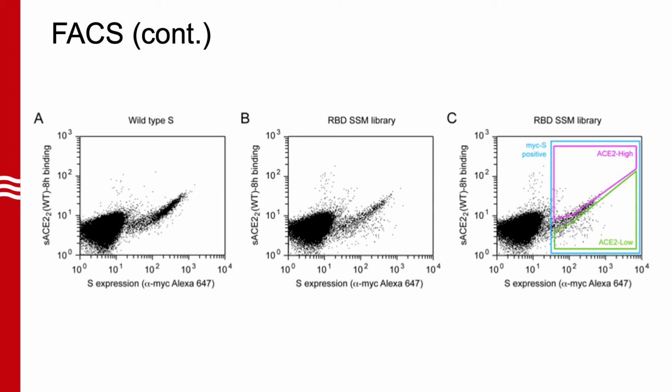And then in C, you have the FACS sorting, being able to sort the highest and lowest 20% of cells when it came to their binding capabilities into two different groups, which were called the ACE2 high sort and the ACE2 low sort.